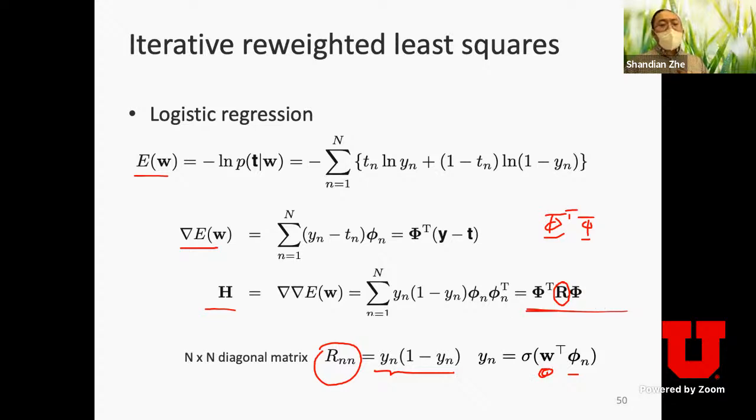That means the Hessian matrix is no longer constant. For the linear regression, because it's phi transpose phi, once your data set is there, the Hessian is fixed, right? But for logistic regression, because your W is updated each step, that means your R is different. That means your Hessian is changing as well. That's why we call it an iterative procedure.